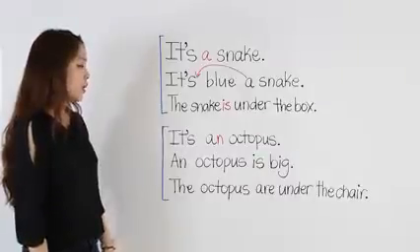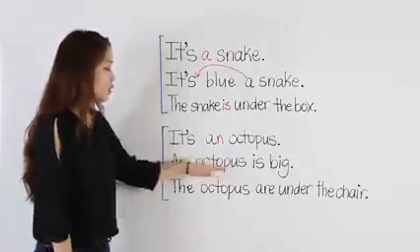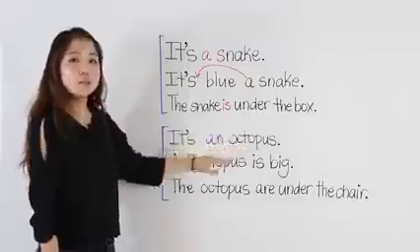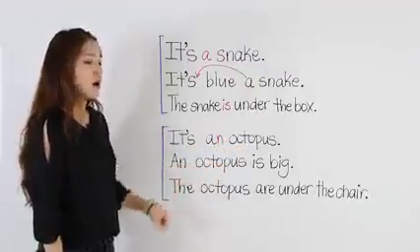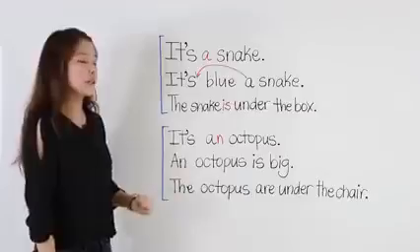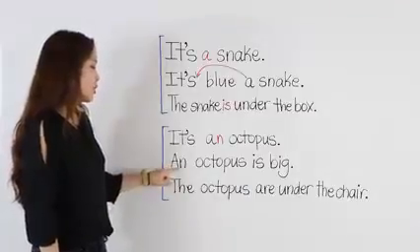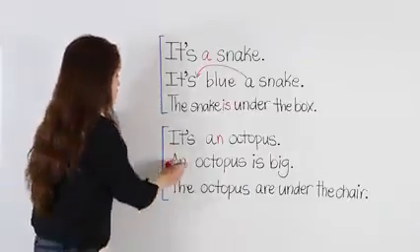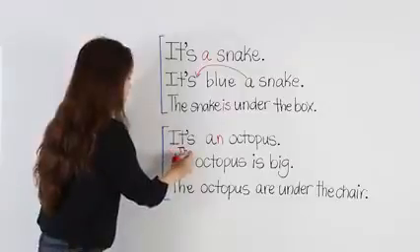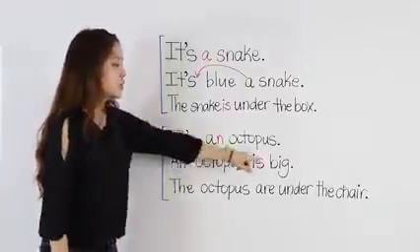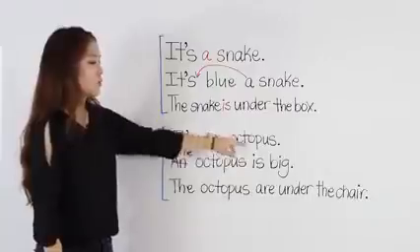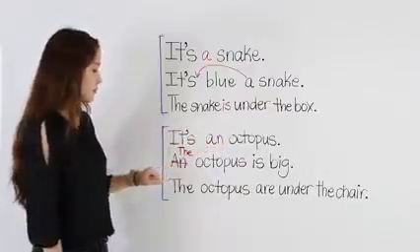This one's a little bit hard, but remember, we're talking about the same octopus. So now this octopus is specific. So we have to change the article an to the. The octopus is big. The octopus from the first sentence.